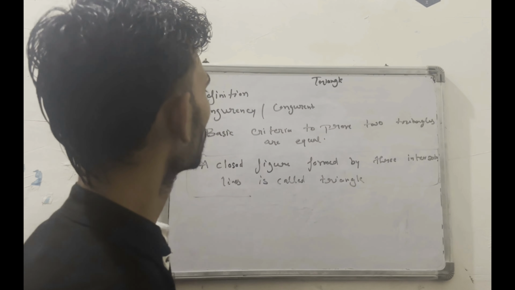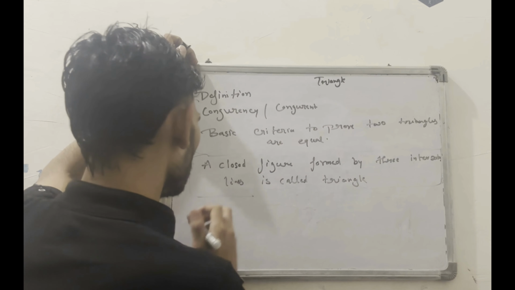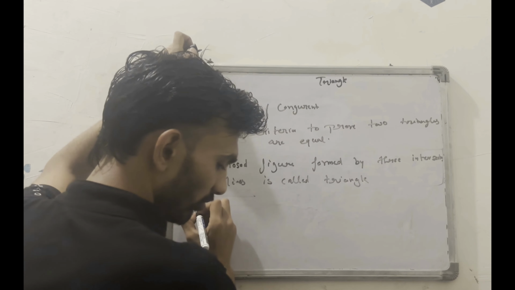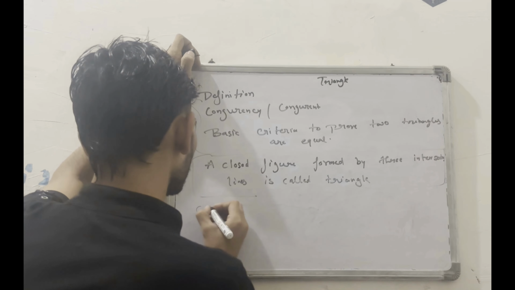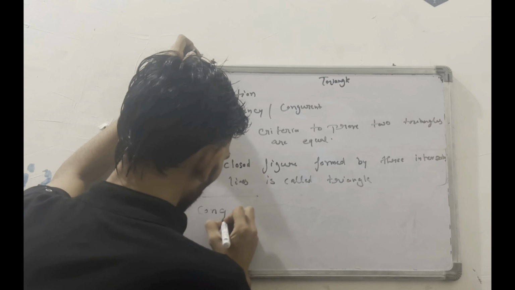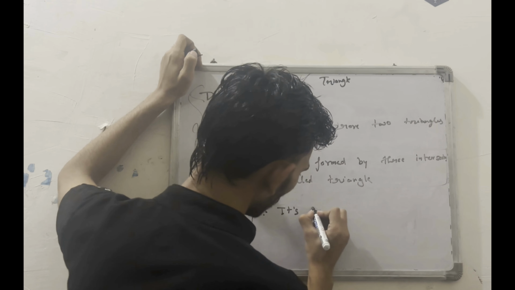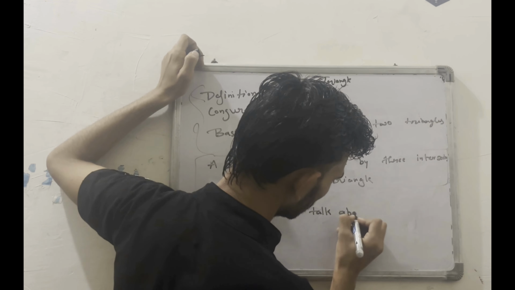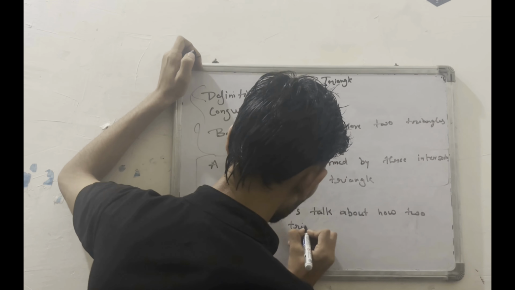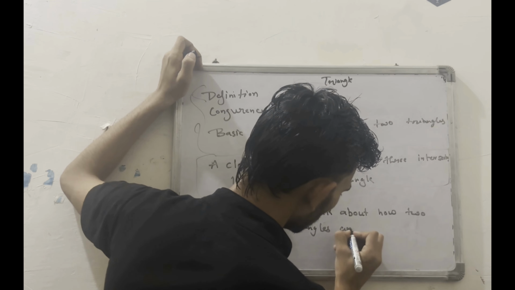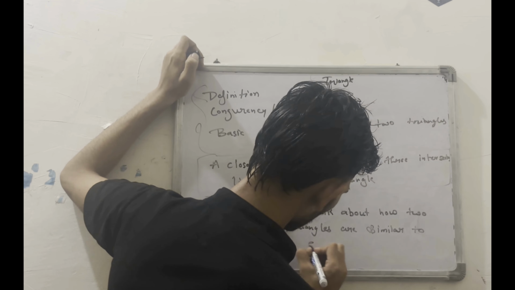Now moving forward towards our congruence or congruency. So the basic term in congruency is that it talks about how two triangles are similar to each other.